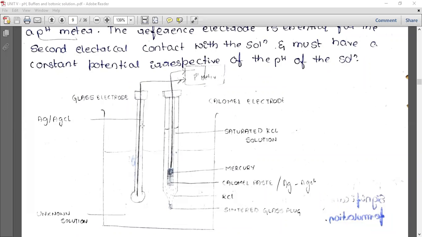The speciality of this particular glass is that the tip of the glass is blown at the bottom. As you can see, it's not a tapering end, it is blown at the bottom, and this blown bottom usually contains 0.1 normal HCl in it.